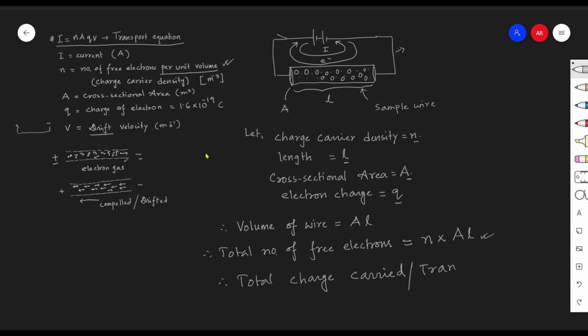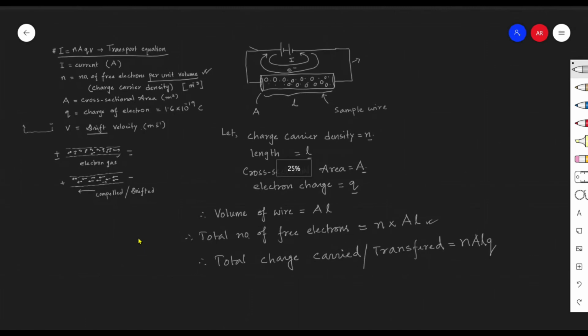Who are carrying these charges? Electrons. And what is the total amount of charge carried or transferred? I multiply these charge carriers with the charge of one electron.